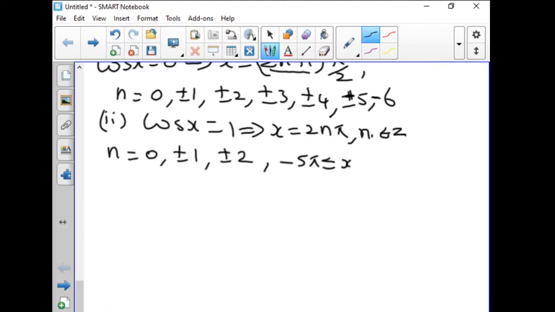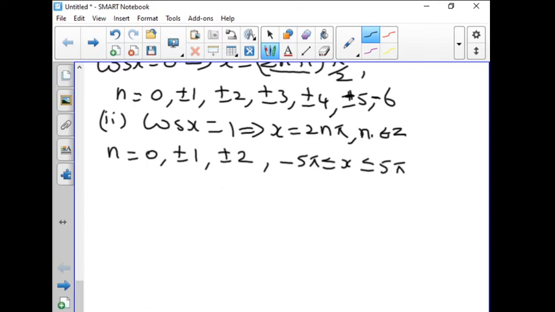When you put 0, x is equal to 0, so cos 0 is 1. When you put 1, cos 2 pi is 1. When you give minus 1, minus 2 pi, so cos minus 2 pi is 1. Then when you give plus 2, it is cos 4 pi, which is 1. Minus 4 pi is also 1. But if you go to 3, it becomes 6 pi, so it goes away from the interval. So we don't take those values.